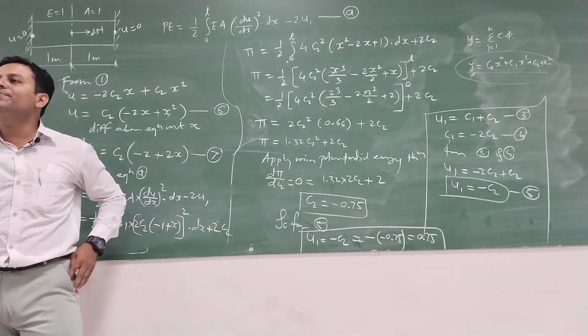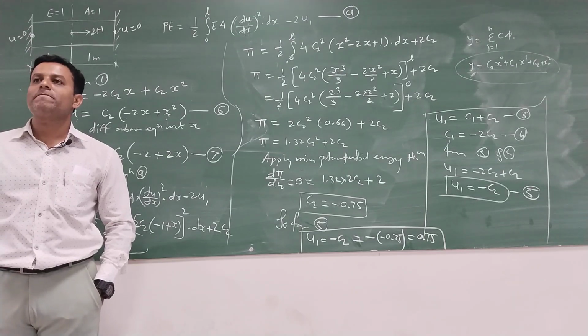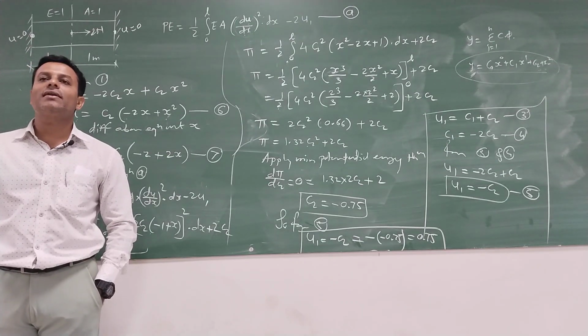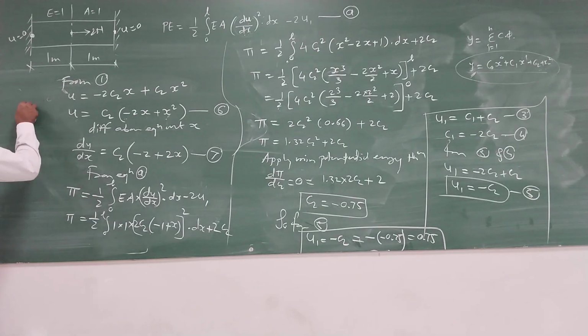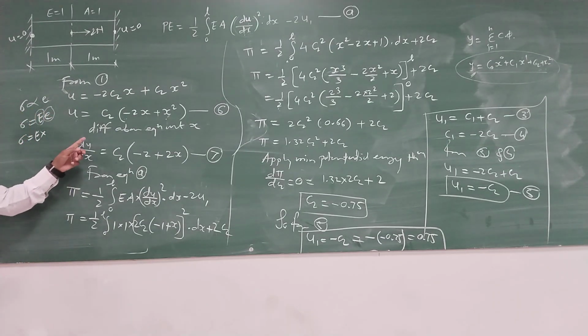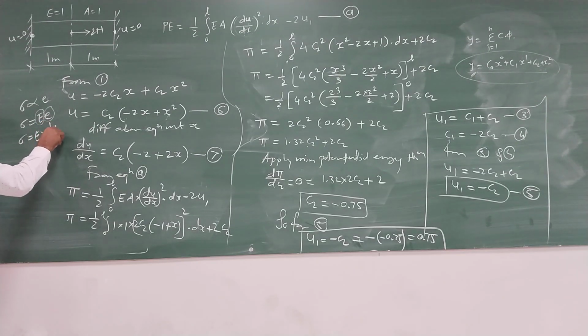Now second, if they ask to determine the stress. How will you find the stress? Stress is proportional to strain. So stress is equal to modulus of elasticity into strain. So stress equals E into strain, which is du by dx. So put the value of du by dx here and you will get stress.